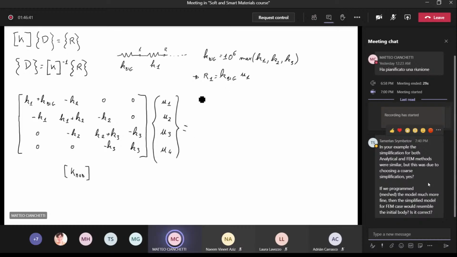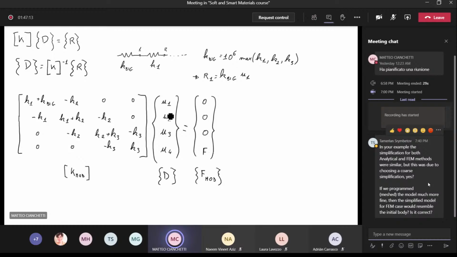Equal to, now there are also other modifications, because instead of having R1, we have 0, 0, 0. So this is our vector of displacement, and this is, let's call it, the force of the modified model.